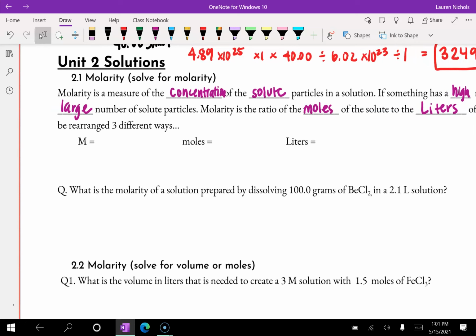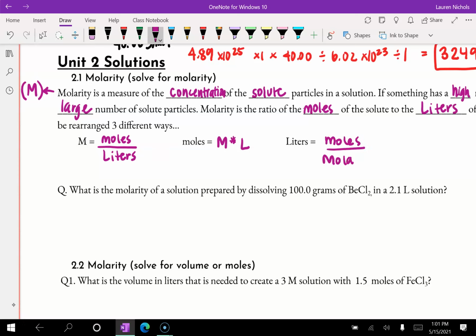And the formula looks like this. Molarity is a capital M, which I didn't actually include in your study guide. So molarity is represented by the symbol capital M, and it's equal to your moles divided by your liters. And so that can be rearranged so that if you want to solve for moles for your problem, that would be your molarity times your liters, or liters would be equal to your moles divided by your molarity.